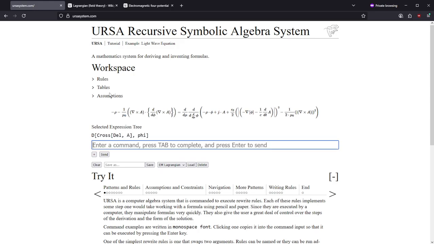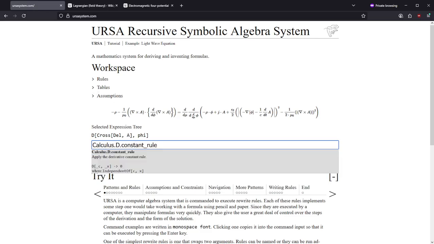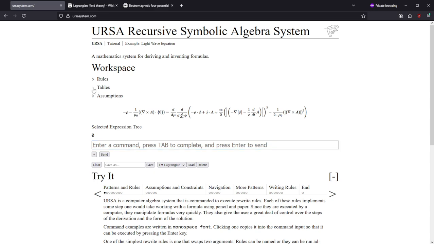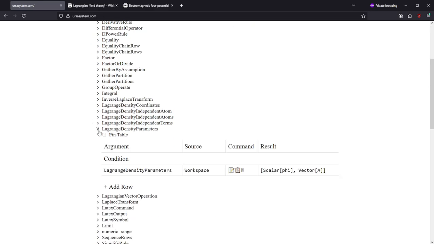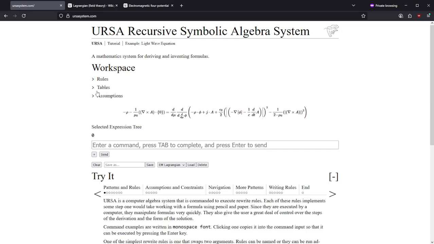And again, that's because it's a derivative with respect to phi, which is part of the 4 potential, and the curl of A is a derivative of part of the 4 potential, and these things are independent from one another in the Lagrangian formulation. So typing in constant rule, this is allowed because we have this declaration that the parameters are these 2 things.